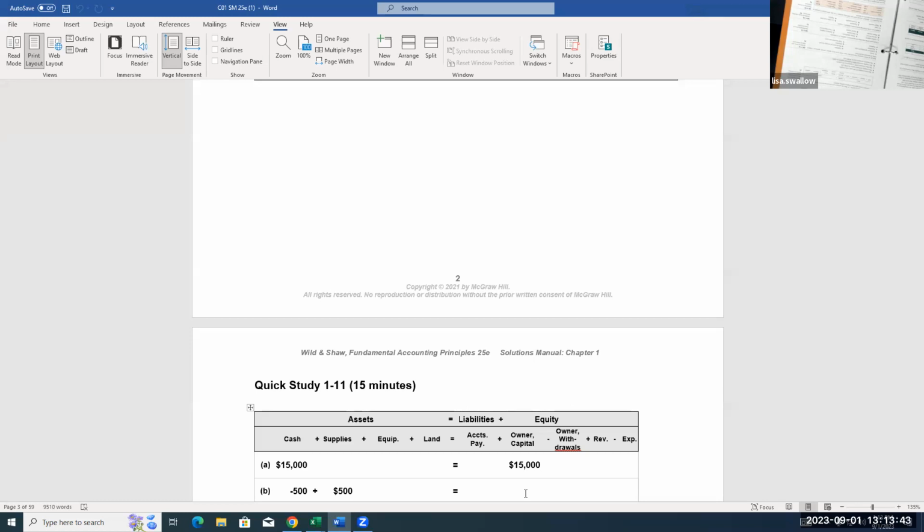I'll choose somebody else while you're still bringing it up. In equipment, the owner invested $10,000 of equipment in the company. That means she brought a piece of equipment that she personally owned and gave it to her company. Okay, go ahead.